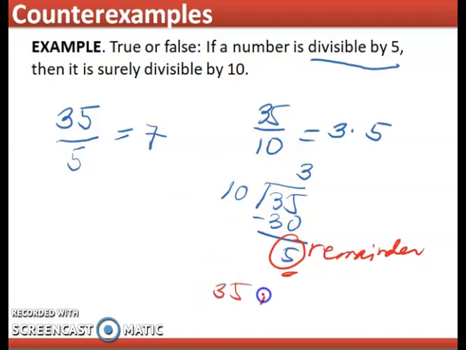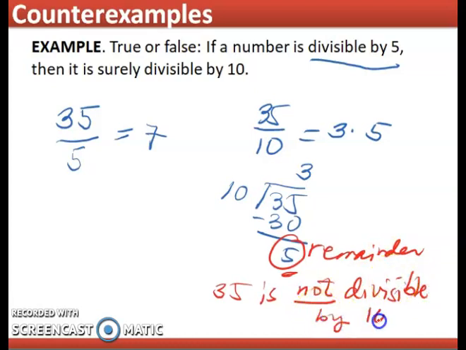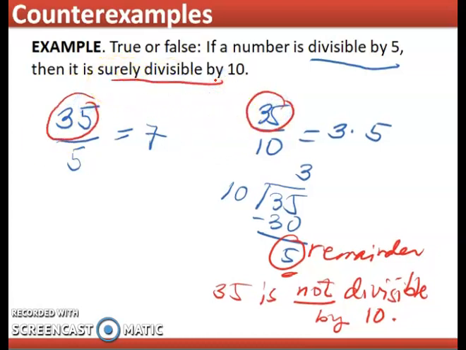So it means 35 is not divisible by 10, because it has a remainder, no? So 35 is not divisible by 10. Alright? So this 35 had a problem with the second statement.